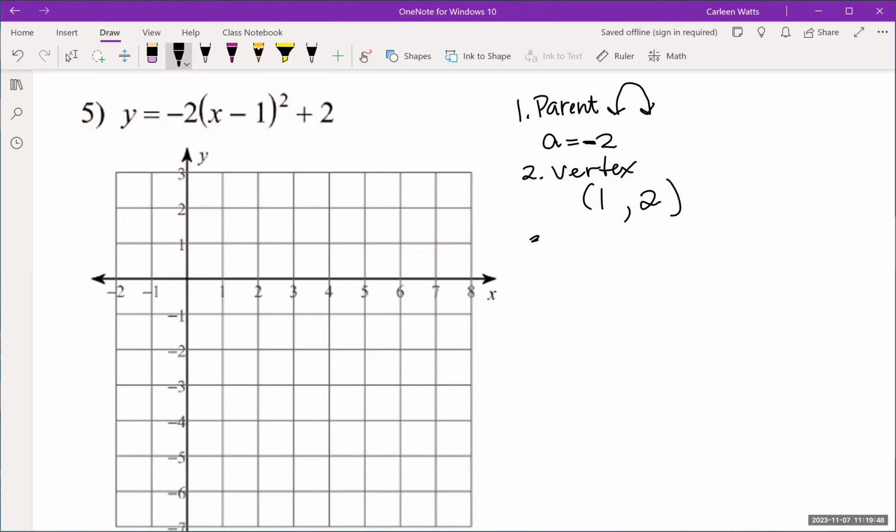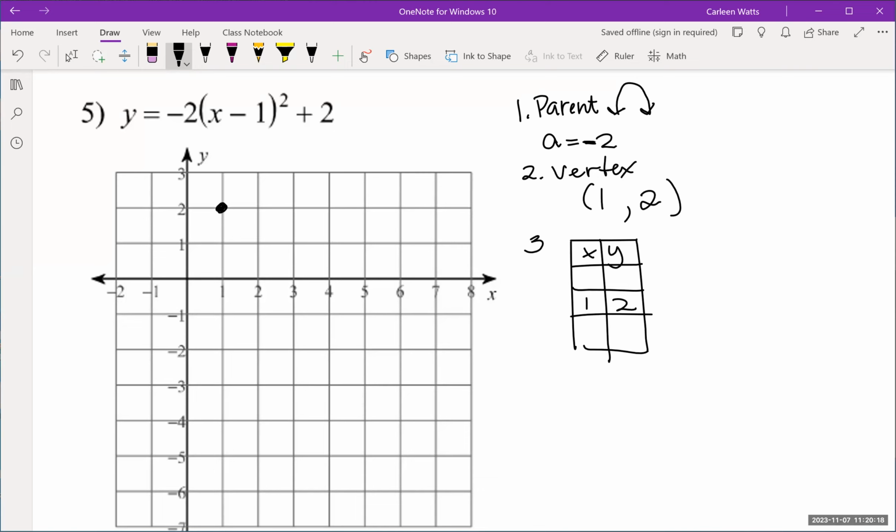Okay, let's make a table of values. The vertex goes in the middle. I could plug 1 in and surprise, I would get 2. So 1, 2. Uh-oh. Is this graph gonna fit?